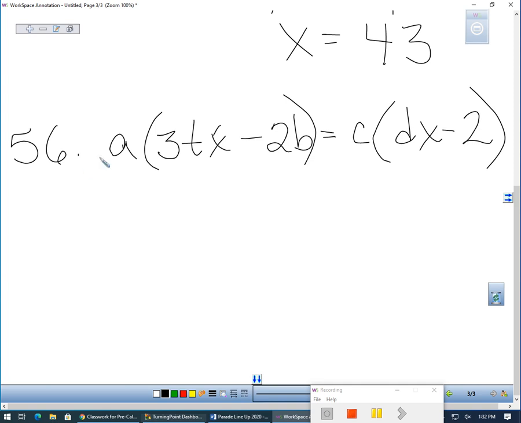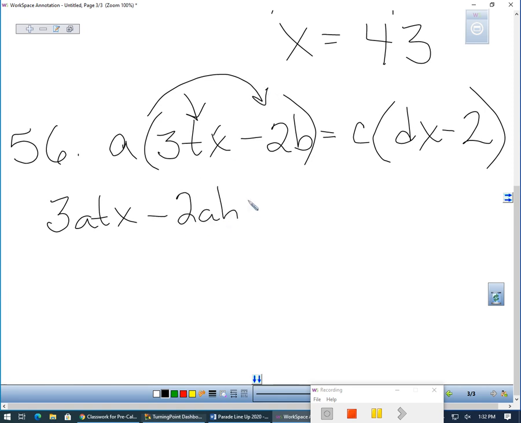Distribute. Perfect. Distribute. A times 3tx is going to be 3atx. A times negative 2b is negative 2ab equals. We have to get rid of the other side too, right? So we have c dx minus, there we go, negative 2c.